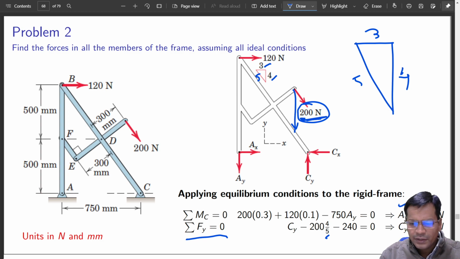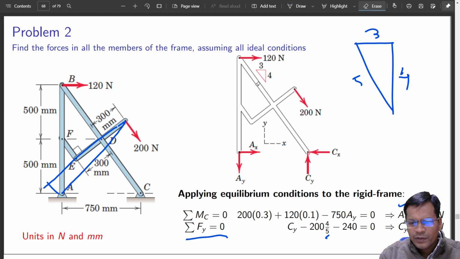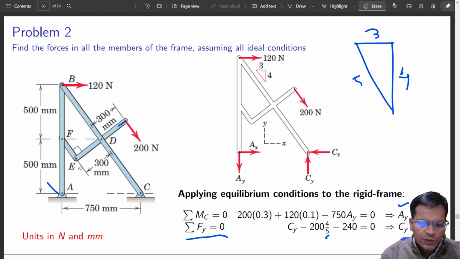Okay, done. So this is the force, vertically downward force, or you can take it otherwise. You have a number of ways to take moment. Either you can find this distance and directly do it, or you can find this, many other ways to create a moment. You just have to take force into force arm. That is what you should do.